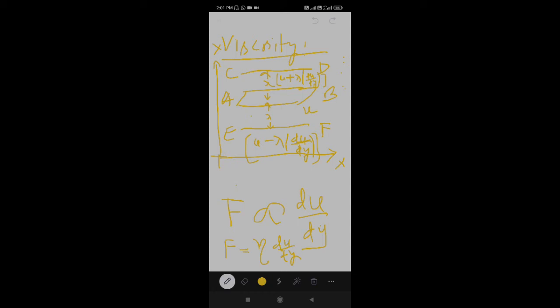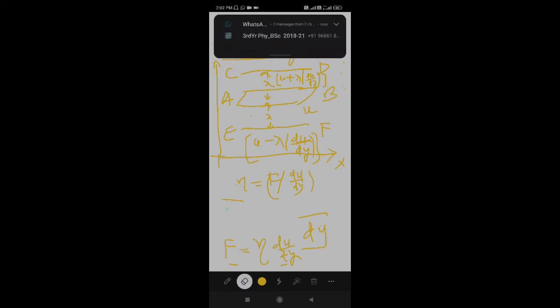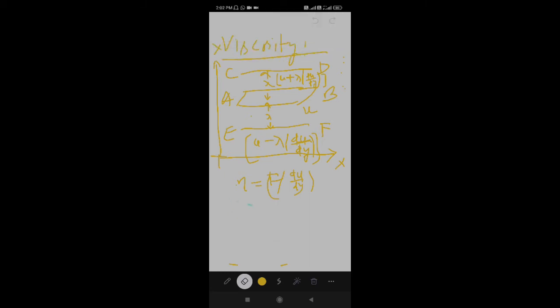So how do we define eta now? Eta is equal to F by du by dy. This is the formal definition of the coefficient of viscosity, force per velocity gradient. Now let us try to give a formal definition for the coefficient of viscosity, which you are already familiar with.